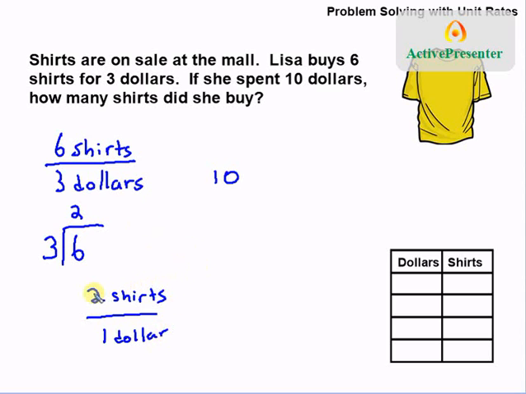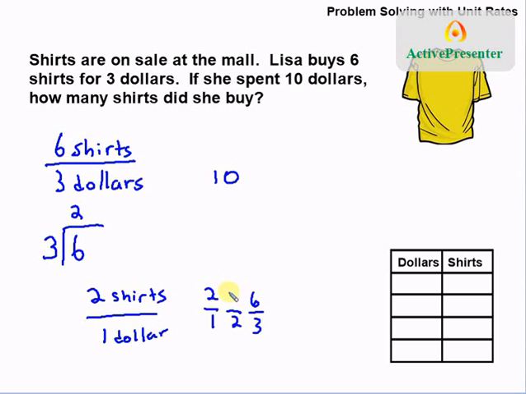And how do we know that that works? Well, because 2 times 3 is 6, and 1 times 3 is 3. So we have 2 shirts to $1, just like we have 6 shirts to $3. What if we wanted to spend $2 on shirts? How many shirts could we buy?